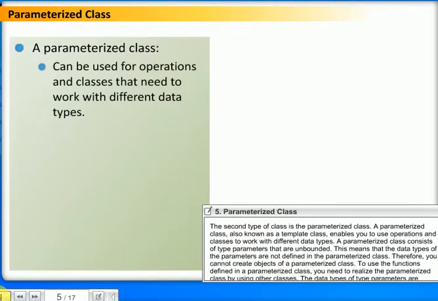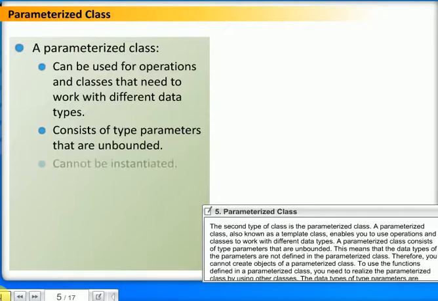The second type of class is the parameterized class. A parameterized class, also known as a template class, enables you to use operations and classes to work with different data types. A parameterized class consists of type parameters that are unbounded. This means that the data types of the parameters are not defined in the parameterized class.